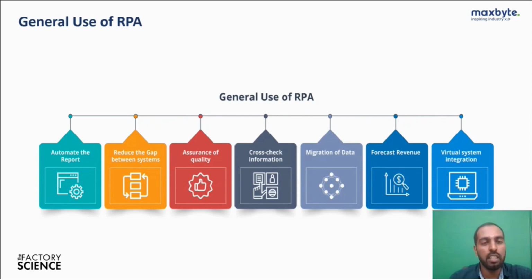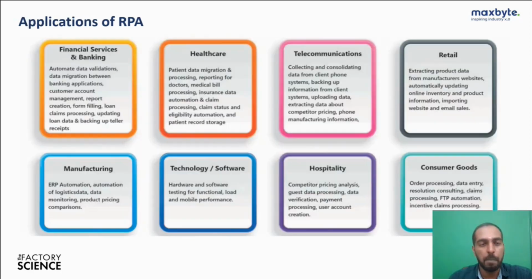So the applications of RPA: RPA can be used in financial service, banking, healthcare, telecommunication, retail, manufacturing, hospitality. So wherever there are several manual repetitive tasks, we can implement the RPA.